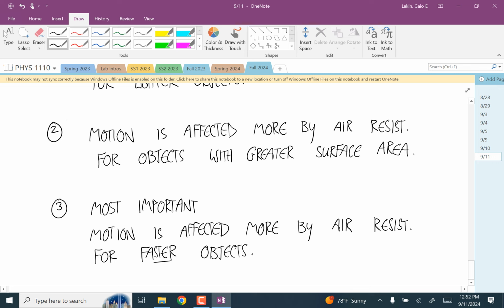What that means is that how much an object is affected by air resistance, you can't really talk about just in terms of the object. You have to know what kind of motion it's going through. Think about how much a baseball's motion is affected by air resistance. Well, if you hold a baseball in your hand 2 feet above the table and drop it, it's barely affected at all.